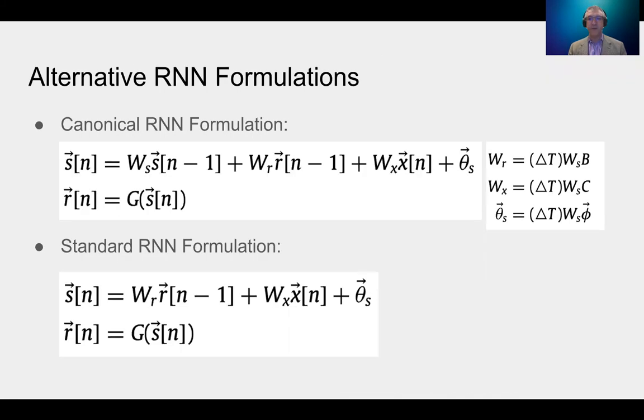If we further scale the weight matrix coefficients and the bias vector as shown on the right, then we obtain the canonical recurrent neural network formulation.